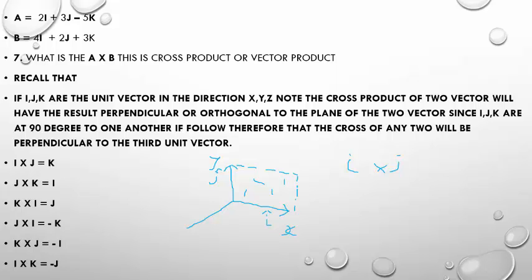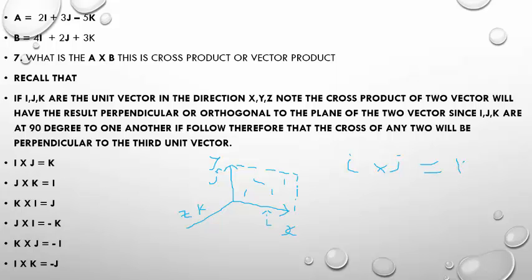So this will be the z-axis, and we have k at this point. So i cross j is equal to k, j cross k is equal to i, k cross i is equal to j. If I'm going anti-clockwise, my answer will be positive. This will be equal to k.